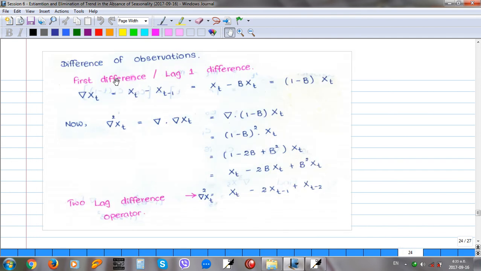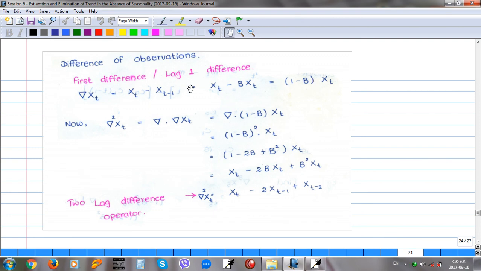So the difference of observation, we discussed this in a previous lesson also. Then we know that the difference of xt, we can write xt minus xt minus 1, and xt minus 1 we can write using the B operator, that is B times xt. Then we can take xt out from the bracket, then 1 minus B times xt. If you take the square of the difference of xt, what you have to do is the difference of the difference of xt, right?